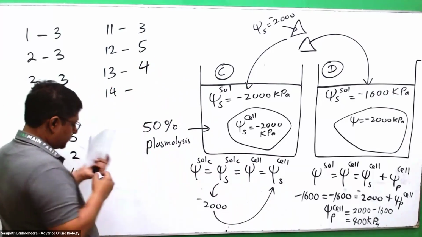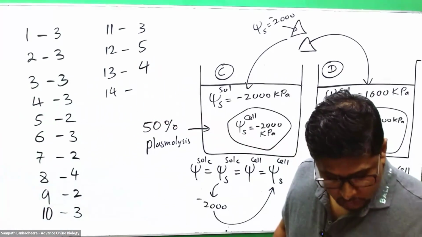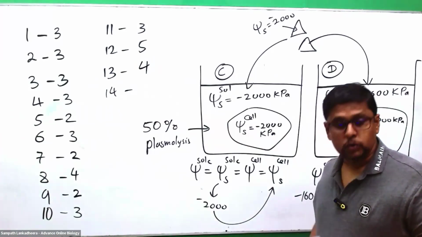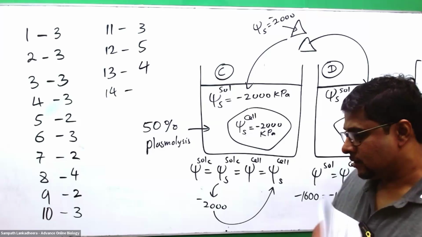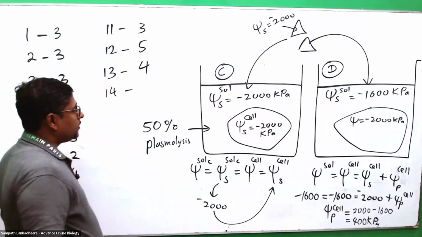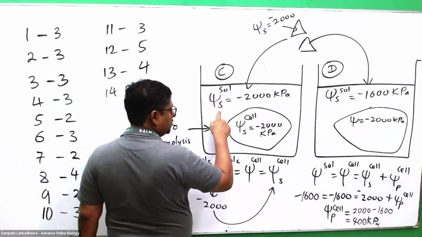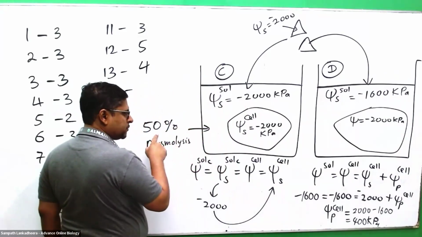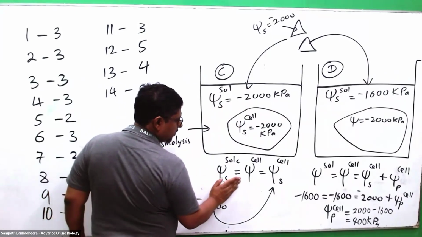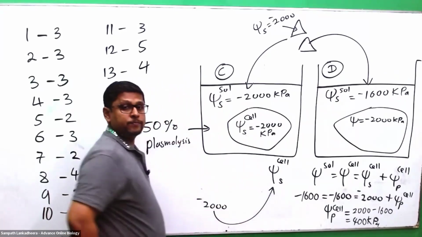Question number 14. A plant cell having solute potential of minus 2.2. It is okay, this is a simple calculation. They have given this as 2000. 50% plasmolysis means the solute potential value of the cell is 2000.